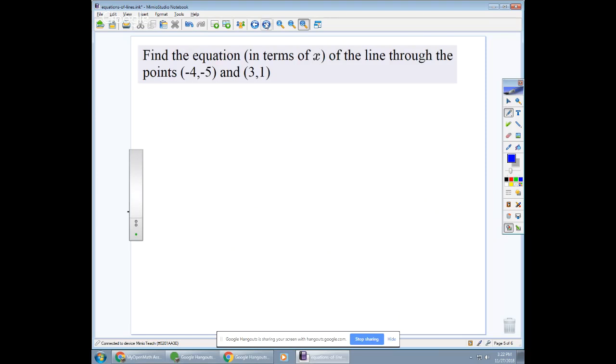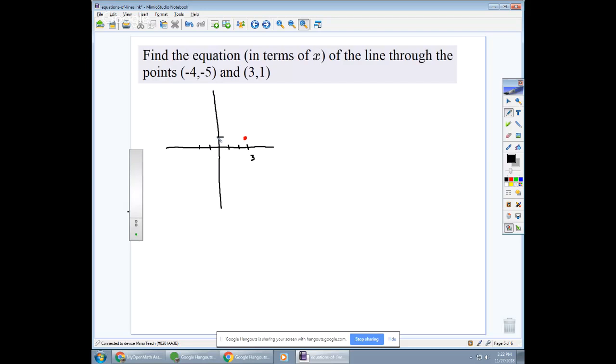All right, so let's see. Find the equation in terms of x of the line through those 2 points. So the first thing I would do is graph them. Even though it doesn't say to, a visual is very helpful. So I'm just going to do a rough sketch. 1, 2, 3, 1. So I definitely have a point right there. And then the other point is -4.